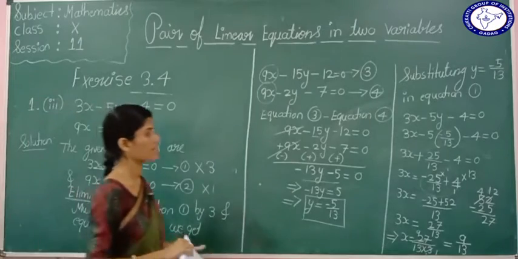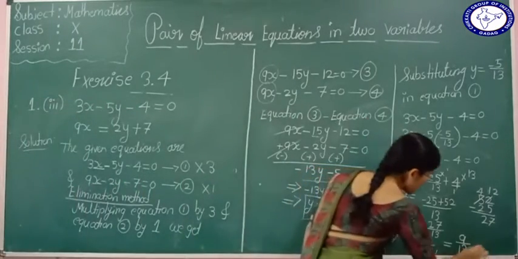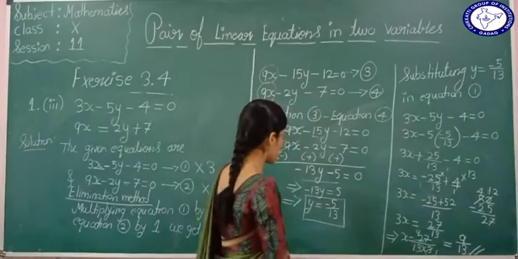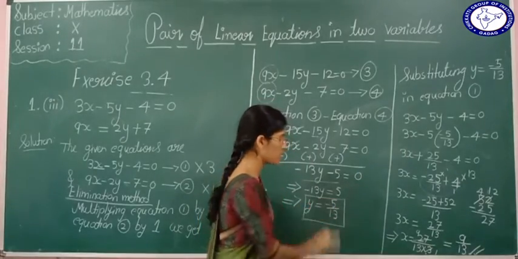Now see here, x value we got 9 by 13 and y value we got minus 5 by 13.